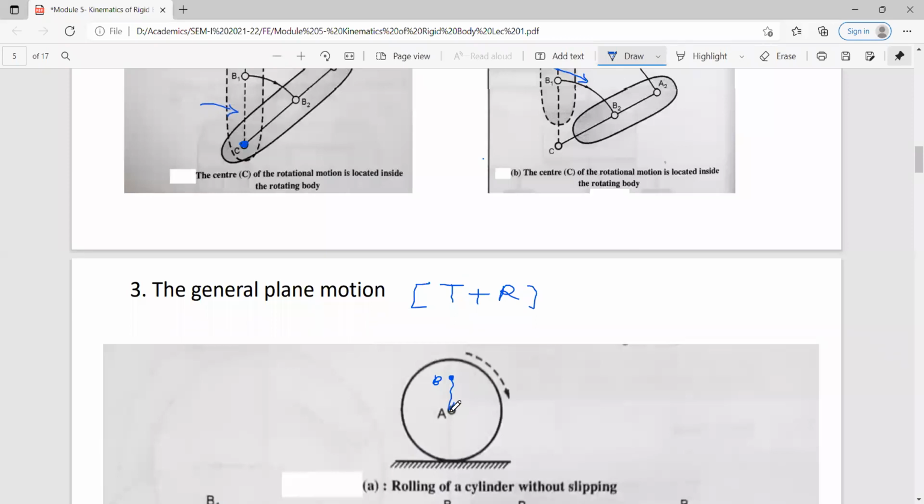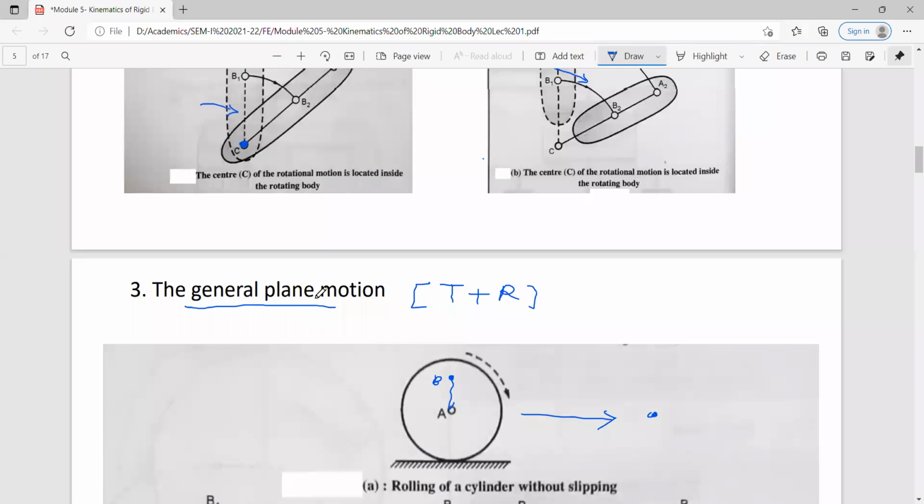For example, this center point A, after some time, will be somewhere here. So there is both translation as well as rotation. This kind of motion, which is a combination of translation and rotation, is called the general plane motion.